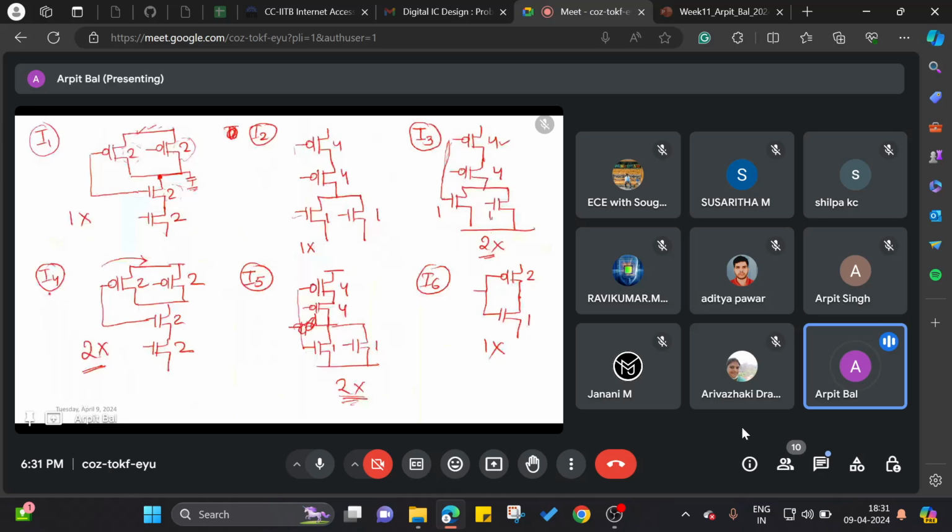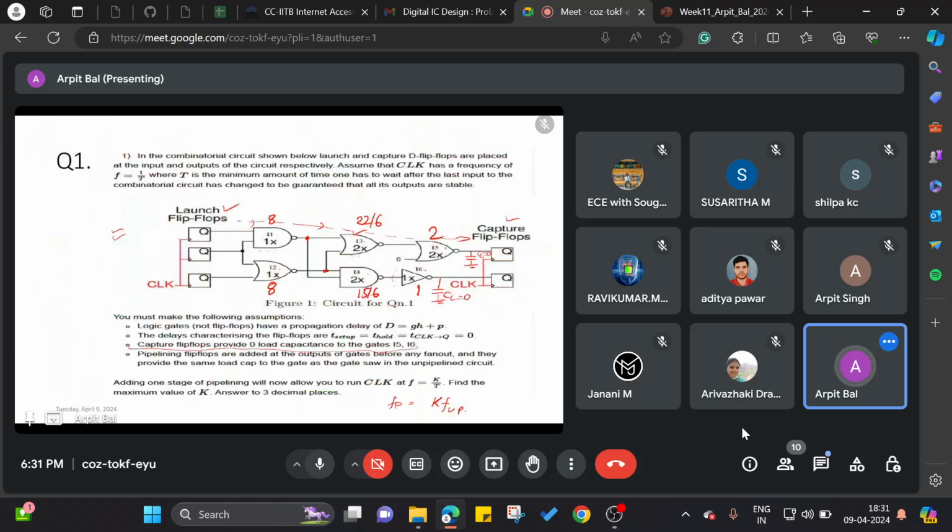Now the question is, given this circuit, where do you think I should place a pipeline stage? What will be the ideal place to put a pipeline stage? Any rough guesses are also fine. Okay, let me give you one hint.